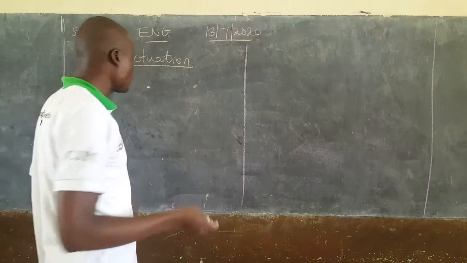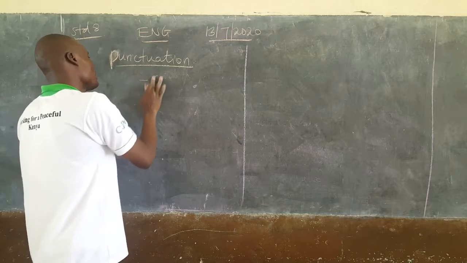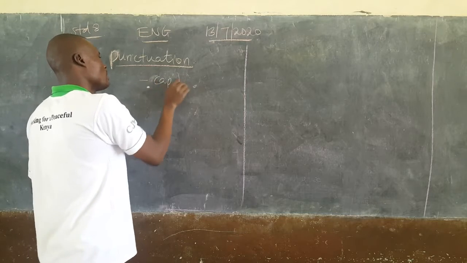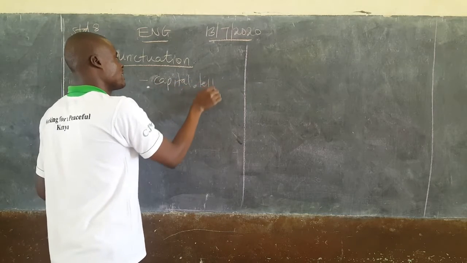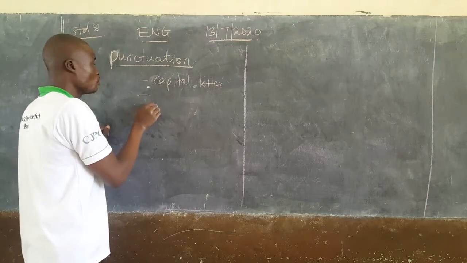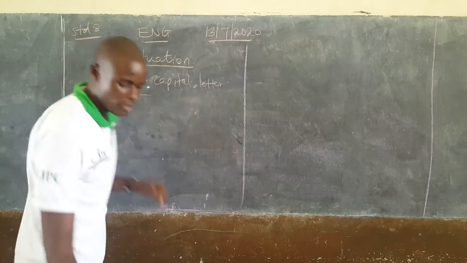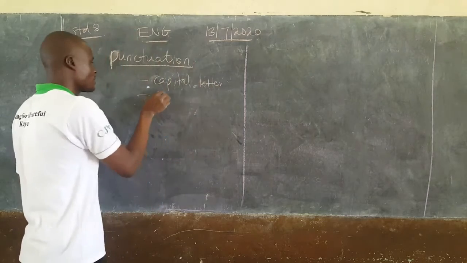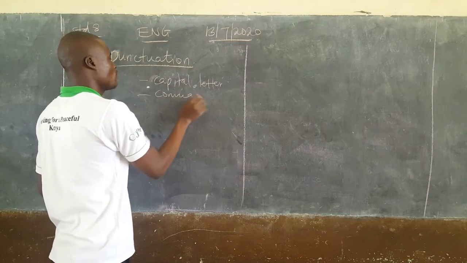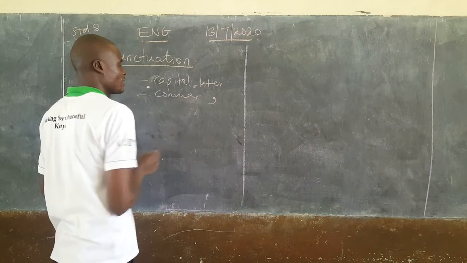Another thing we have in punctuation. So the first thing we deal with in punctuation is capital letter writing. Then number two, we have the use of commas. A comma looks like that.